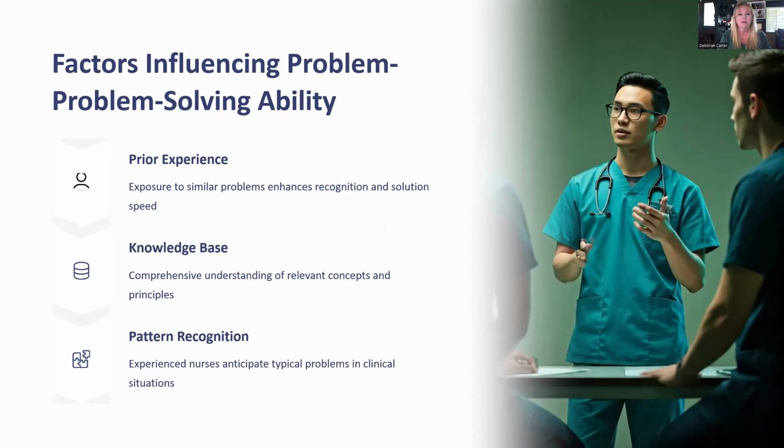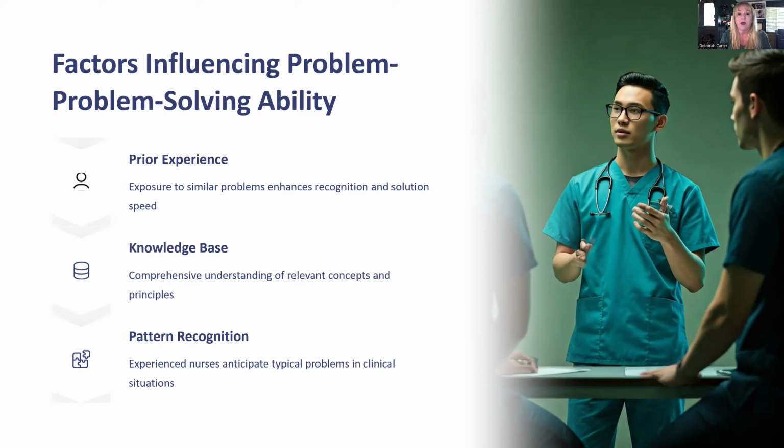Okay, factors influencing problem solving ability. Problem solving ability in nursing is significantly influenced by two things: past experience and knowledge base. Exposure to similar clinical problems, whether real or simulated, enhances the ability to problem solve in future situations.